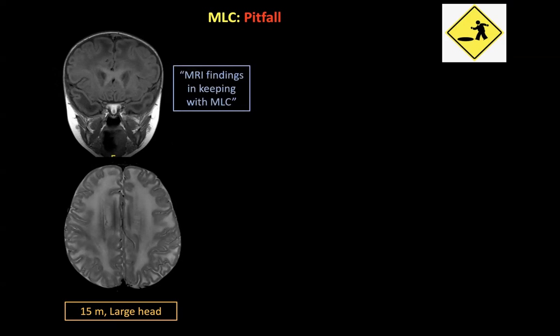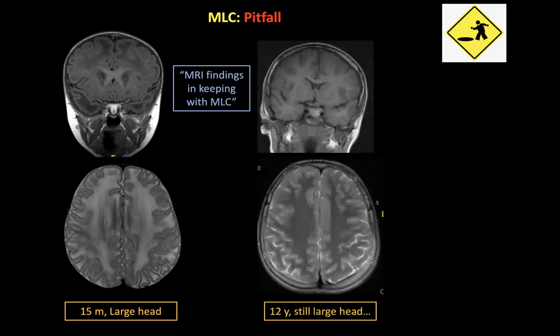But this is the first scan, at 15 months, that we did. The child was a bit ataxic and so on. And then we repeated the scan. The child still had this large head, but the scan was completely normal at 12 years of age. So 11 years down the line, the scan resolved. So remember, MLC has, again, exceptions to the rule, like the other leukodystrophies I showed you.